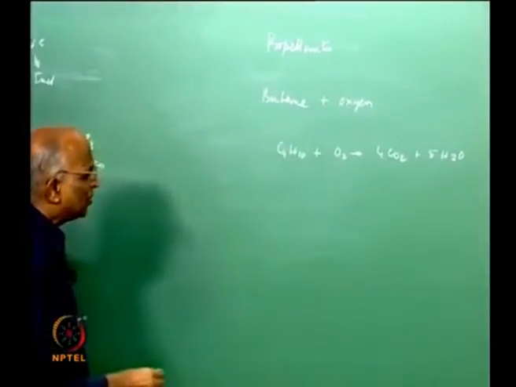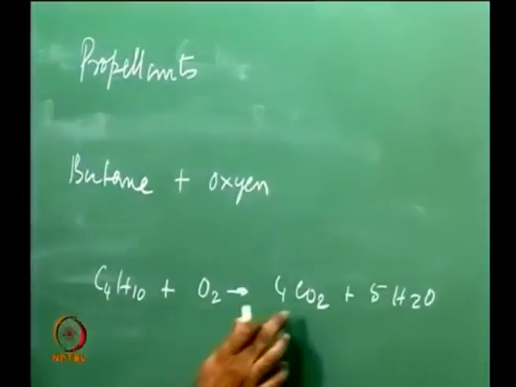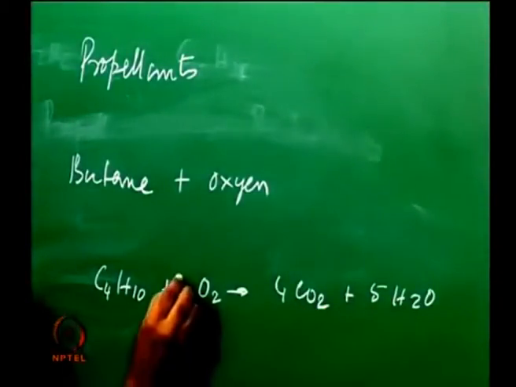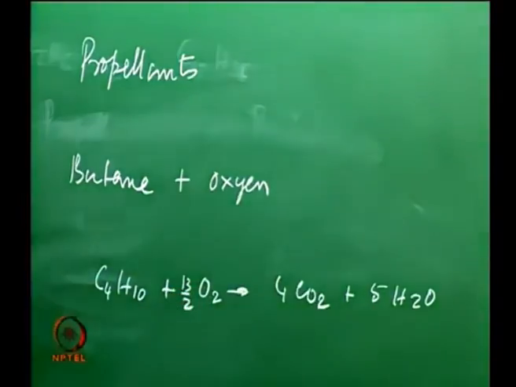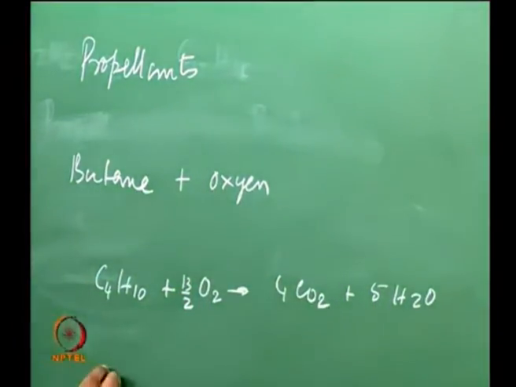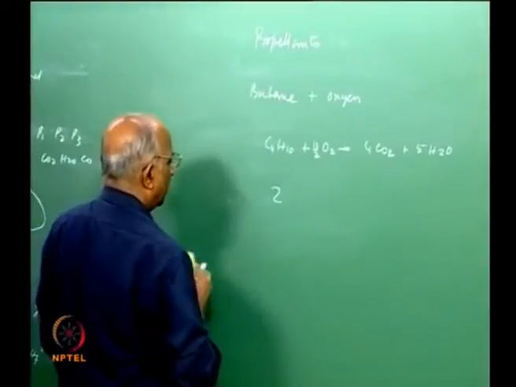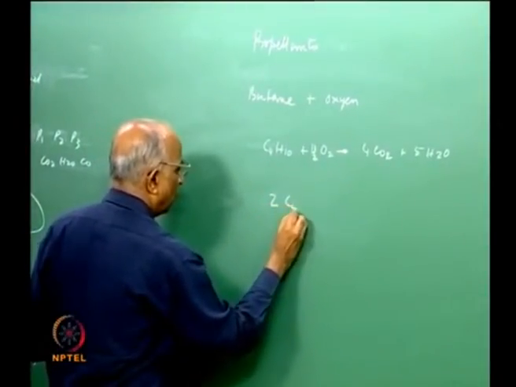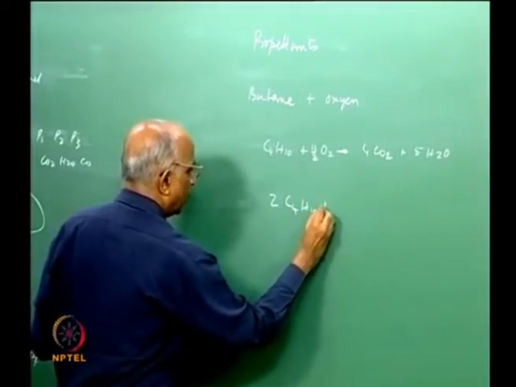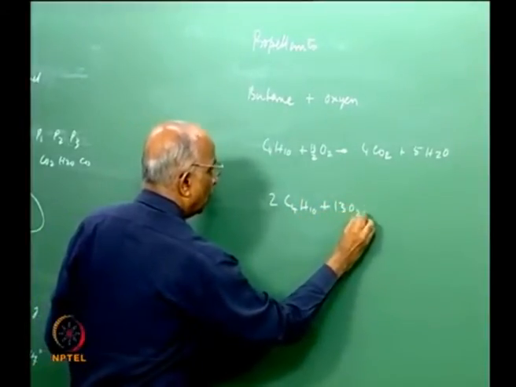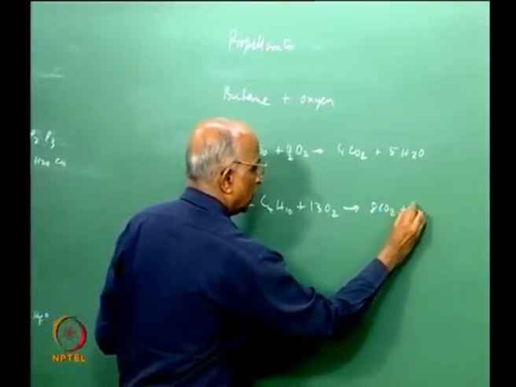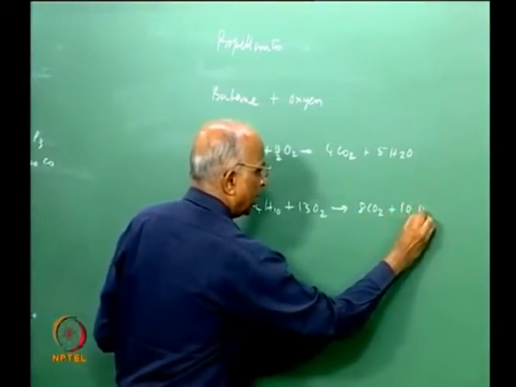Now I want to balance this reaction, therefore I have 8 of oxygen plus 5, 13, therefore I get 13 by 2 of oxygen. So I can write this reaction as 2 C4H10 plus 13 O2 gives me 8 CO2 plus 10 H2O.